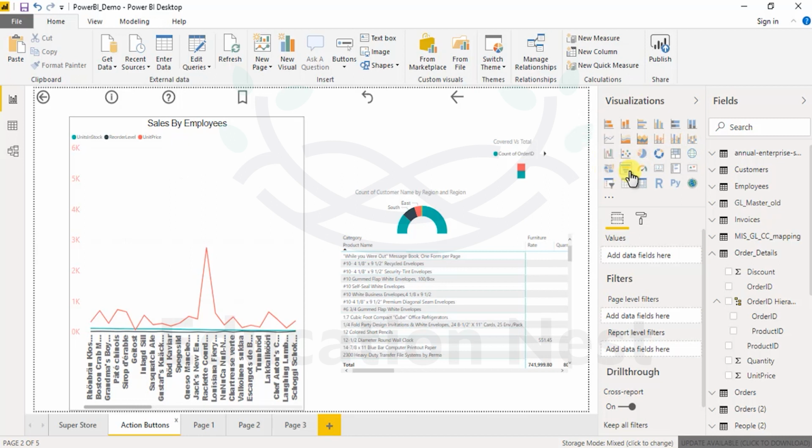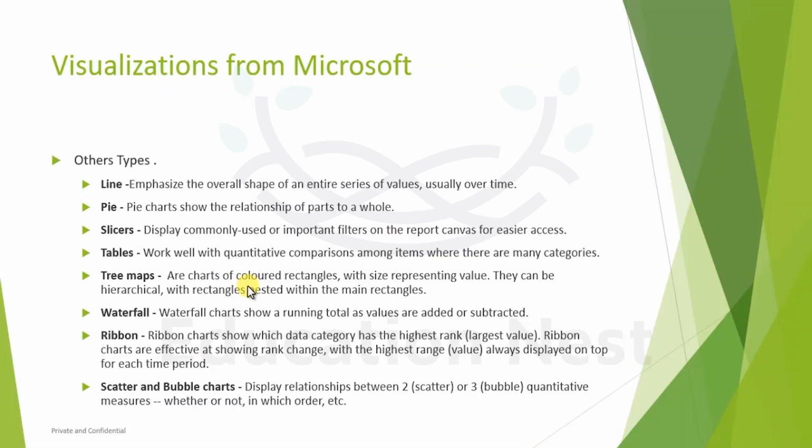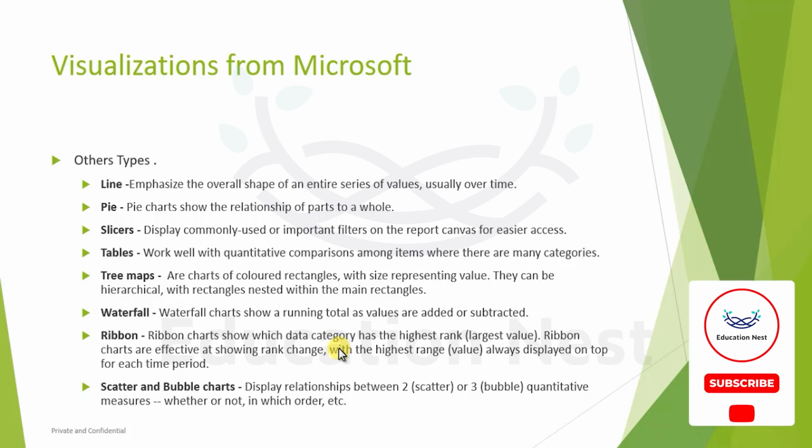No, I do not have. Yes, we don't have that. So ribbon charts are more towards the ranking of your categories. Which category is rank 1, which category is rank 2 based on your sales or revenue is when you will use your ribbon chart.